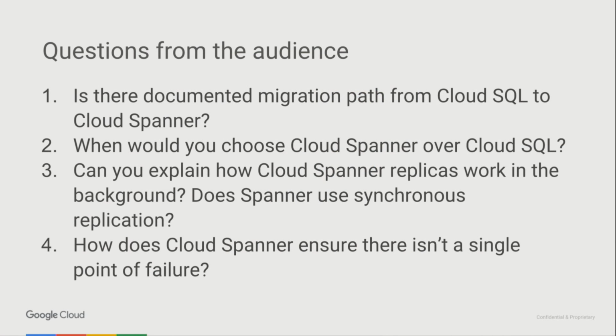Next, when would you choose Cloud Spanner over Cloud SQL? That's an interesting question. So there are obviously two use cases. One is if you've already been using Cloud SQL and you've had to go to the sharded solution for Cloud SQL because your data set grew, or your application got really successful and you have more QPS, more queries coming in than your one box Cloud SQL or even any MySQL system can offer.